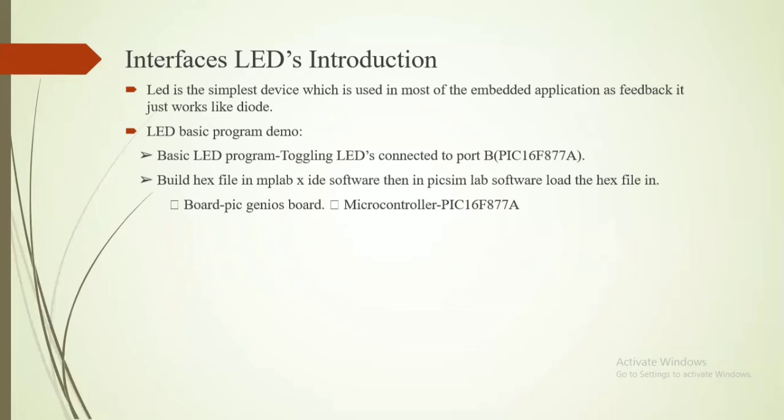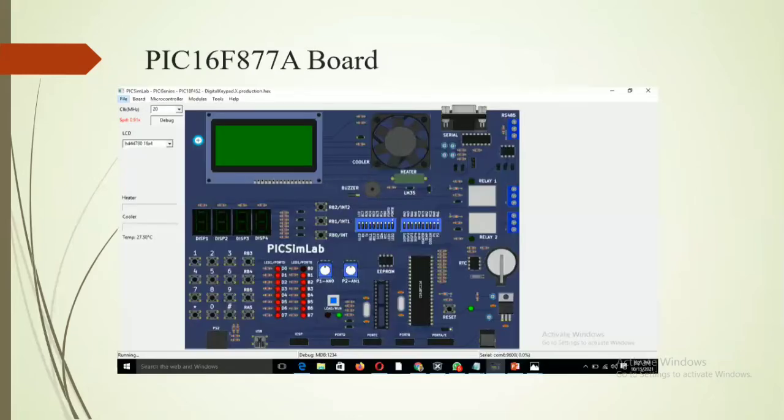Then the board we have used is the PIC Genius board, and the microcontroller is the PIC 16F877A. As I told in the previous slide, this is the board, and I have included the snapshot from my project. This is the PIC 16F877A board, and this is the CLCD display, on which we can display any kind of messages.